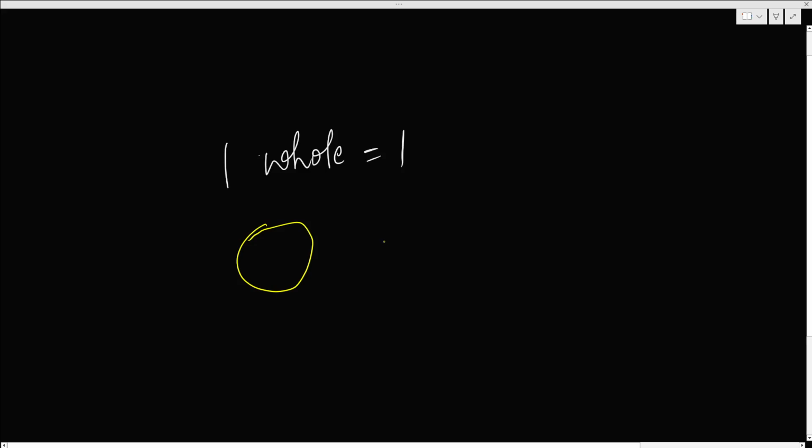So, if we cut it into two equal parts, similarly, if you cut this roti into four equal parts, what we have done is cut the whole into equal parts.